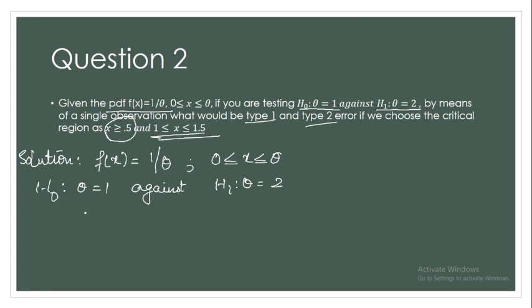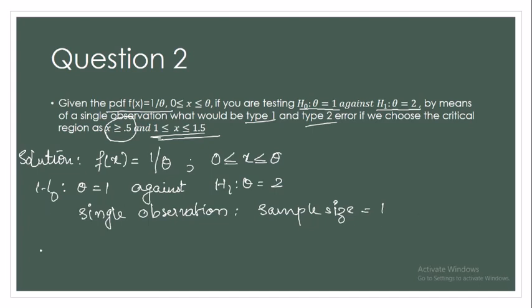Now we have a single observation over here. What is the single observation? Single observation means your sample size is 1. You don't have to worry much about this.